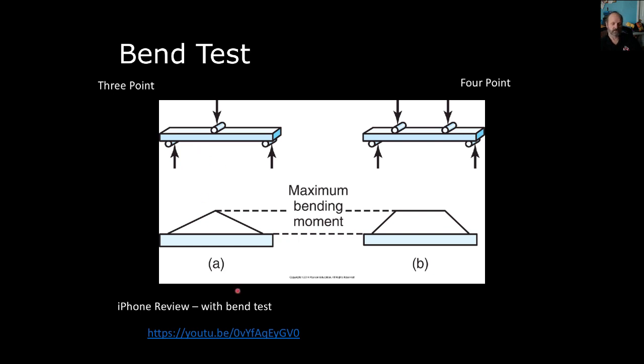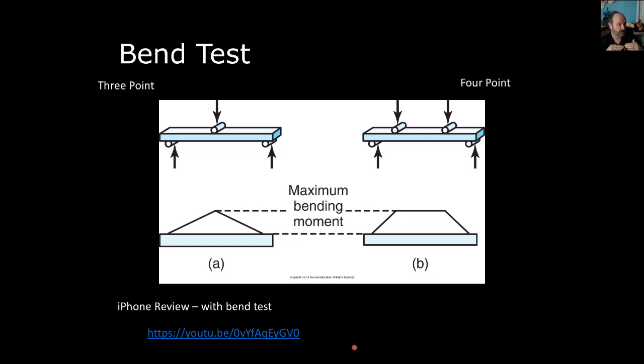And this is a really cool video on doing a bend test on the iPhone. That used to be a big deal. People would take their iPhones, put them in their back pocket, and sit down. And there's a lot of stress on that iPhone. In the old days, the glue would start to separate, and then the iPhone wouldn't be as waterproof.